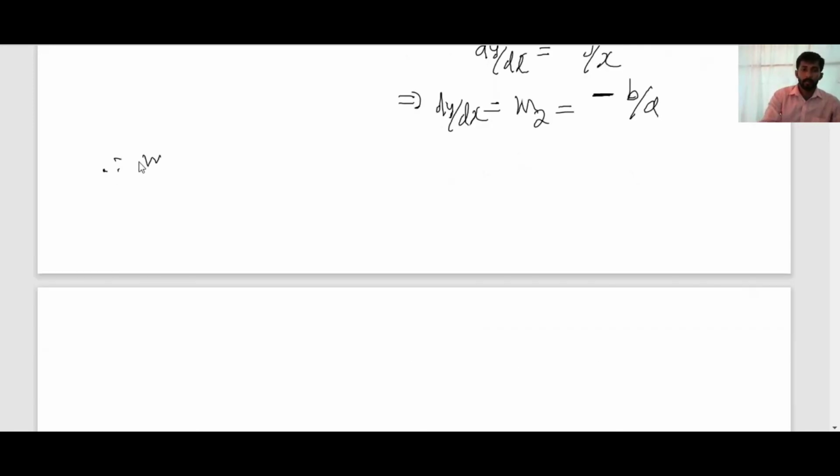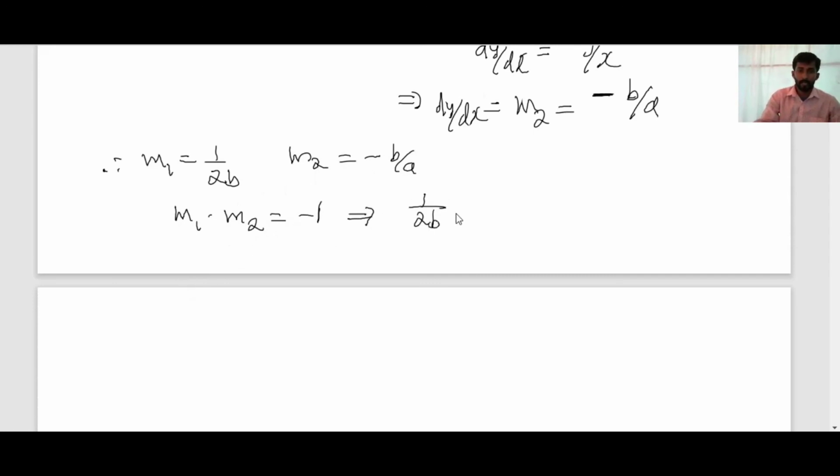So we have m1 equal to 1 by 2b and m2 equal to minus b by a. We have the condition m1 into m2 is equal to minus 1. Substitute the m1 and m2 values: 1 by 2b into minus b by a is equal to minus 1.